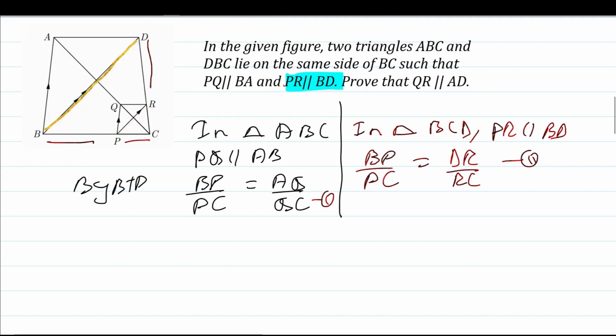Now what you can observe from these two equations is that they have the same LHS. Look at the LHS of equation 1: this is BP over PC, and this is also BP over PC.